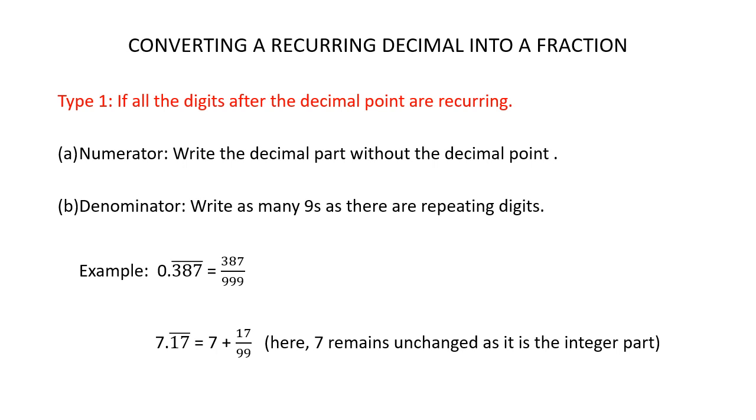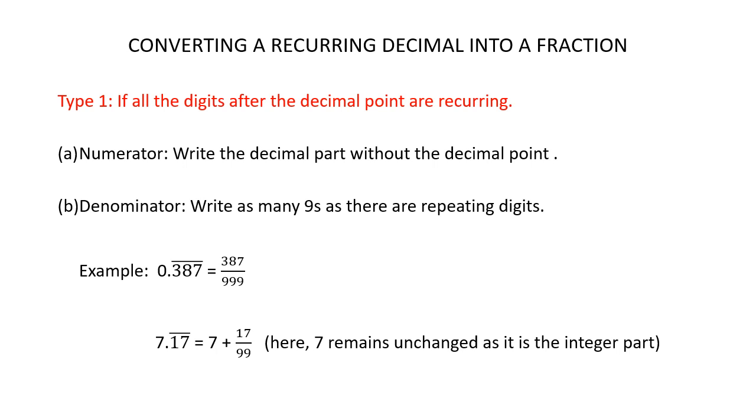Now let's look at another example, 7.17. Here 7 is a whole number and that remains unchanged. And 17 is the recurring part because a line is placed over 17. So 7 is written as it is. Now for the numerator, write the decimal part without the decimal point. So write 17 as the numerator. For the denominator, count the number of repeating digits.